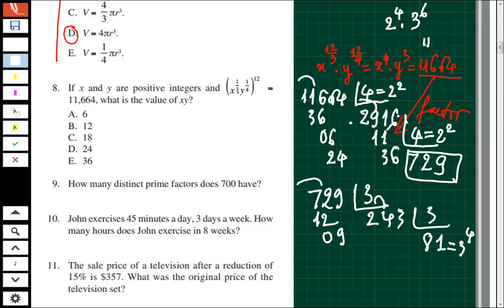Of course, we can use a calculator to find the result faster, but in some cases, when we deal with the SAT test, sometimes we are not allowed to use the calculator.